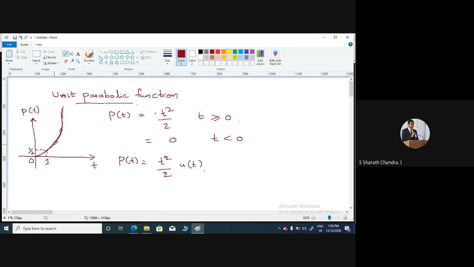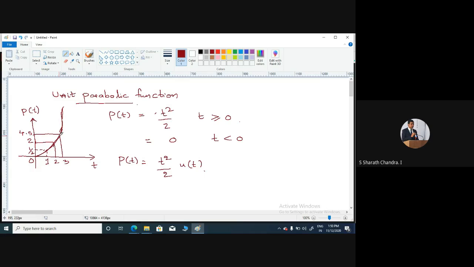Similarly at 2 it is equal to 2 square by 2, that becomes 4 by 2, which is equal to 2 itself. And similarly at 3 it is equal to 3 square by 2, that is 9 by 2, which is equal to 4.5, and so on. You could see a parabolic signal which is clearly increasing.